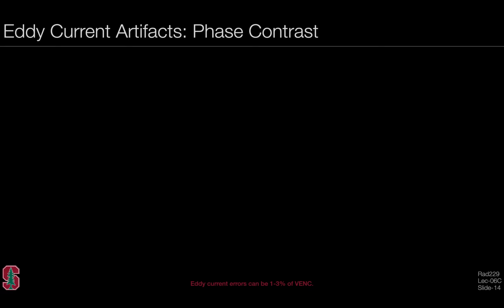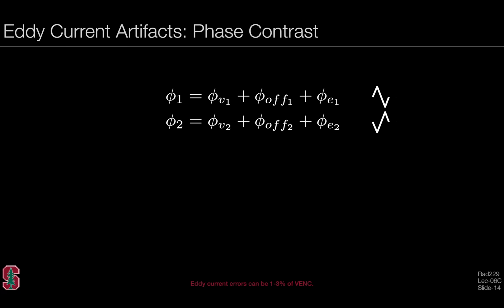Something I want to get back to is the impact of eddy currents. So we saw those in the eddy current lecture a few lectures back. And interestingly, in phase contrast, eddy currents can be a really significant problem. If we think of the first measurement, this could be the flow compensated measurement, for example, or we think about doing a bipolar encoding experiment.